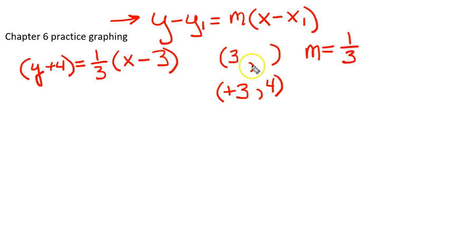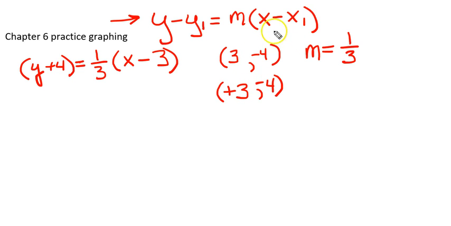Again, the shortcut is opposite sign. So this is going to be a -4. So if we put a -4 there, the opposite of a -4 makes it a 4. And the opposite of a -3 makes it a +3.